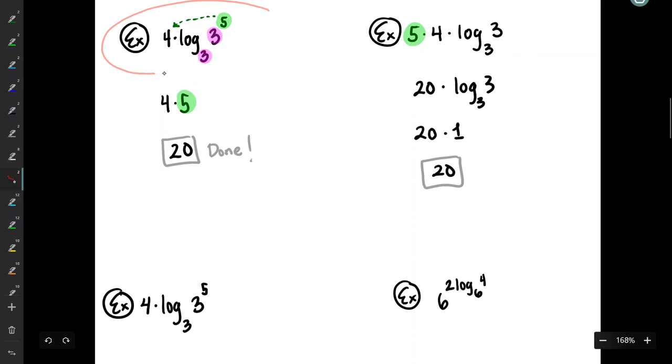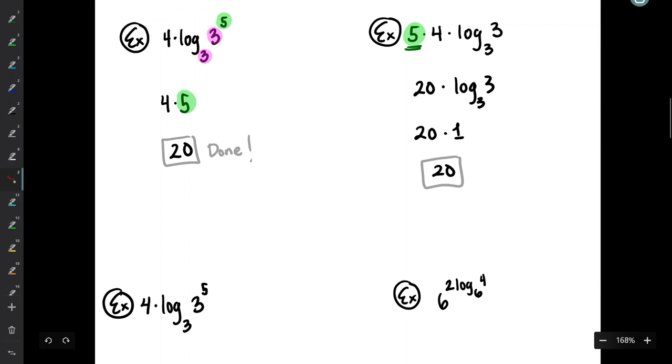So on this one, we didn't use the power property at all. We just went ahead and simplified. Log base 3 of 3 to the 5th is 5. And went ahead and said, oh great, 4 times 5 is 20. Over here, we used the power property for this. What did we do? We brought the 5 down in front and had good old multiplication. 4 times 5 is 20 times log base 3 of 3, which is 1, and 20 times 1 is 20.